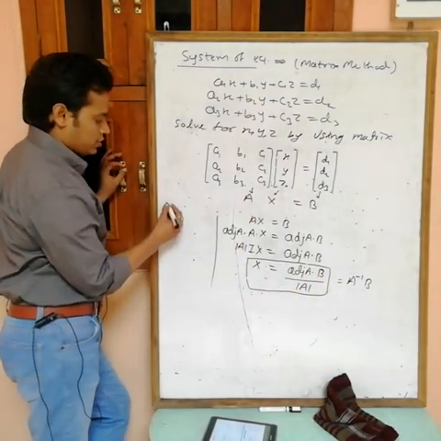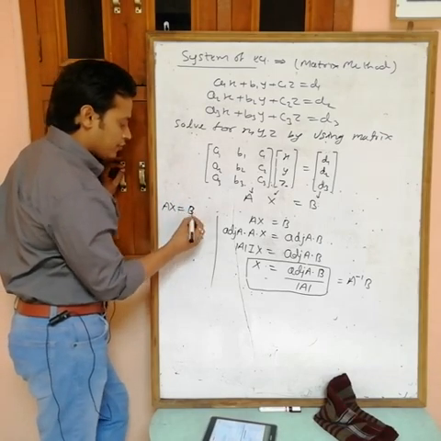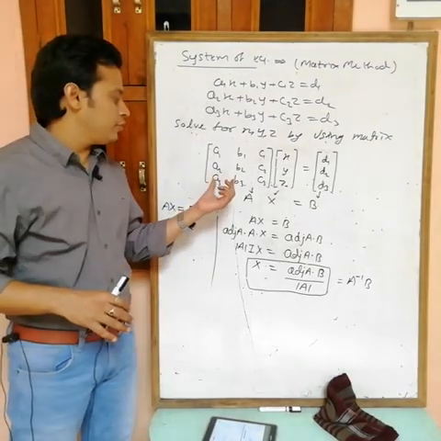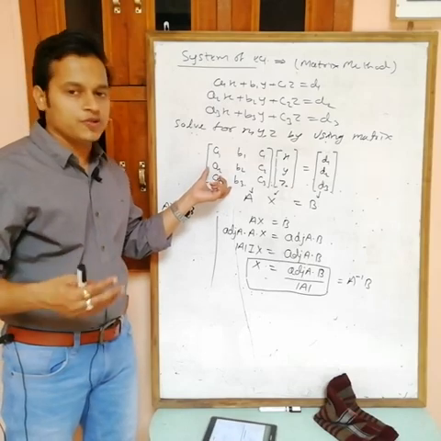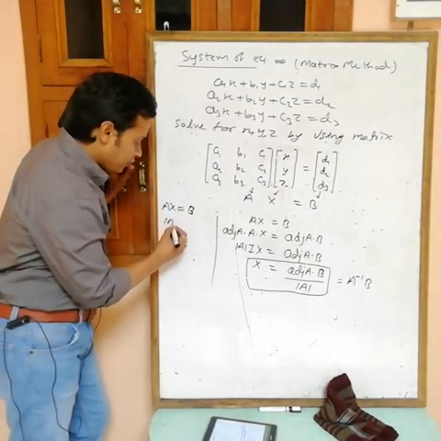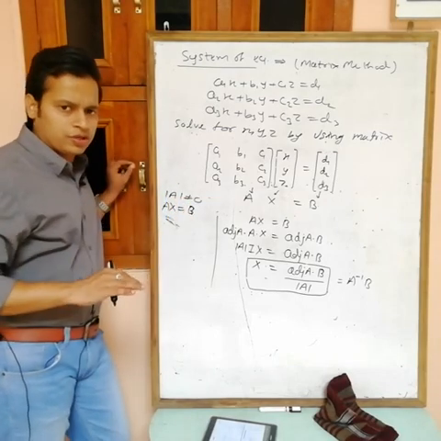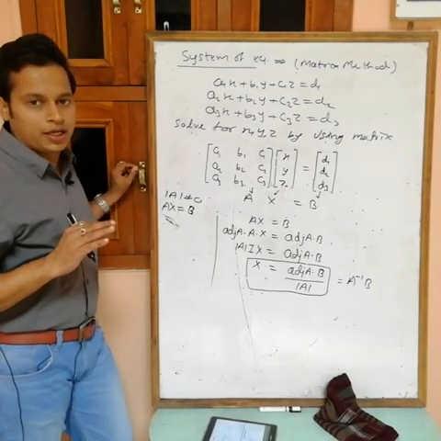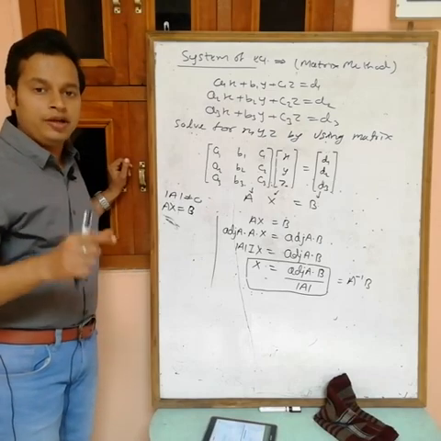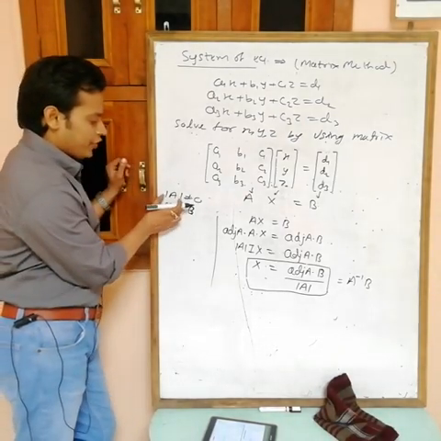Also, you can get this directly from the equation AX equals B. But why am I not getting it directly? Because here I have not yet stated whether the determinant is zero or not. If the determinant of A is not equal to 0, then I can multiply with A inverse, because A inverse is only defined if the determinant of A is not equal to 0.